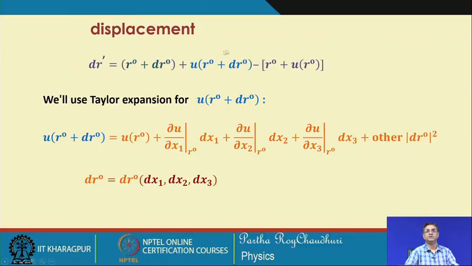We will use the Taylor expansion of this. Now, these two terms will be cancelled. So, u of r 0 plus d r 0 can be expanded in the Taylor series. If we retain only up to 3 terms, up to d x 3, we can write d r 0 as a function of d x 1, d x 2, d x 3, and expand in this form.